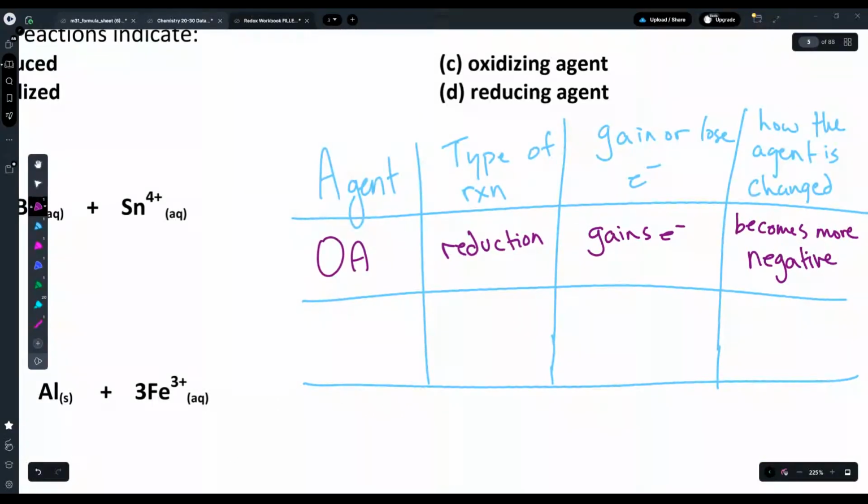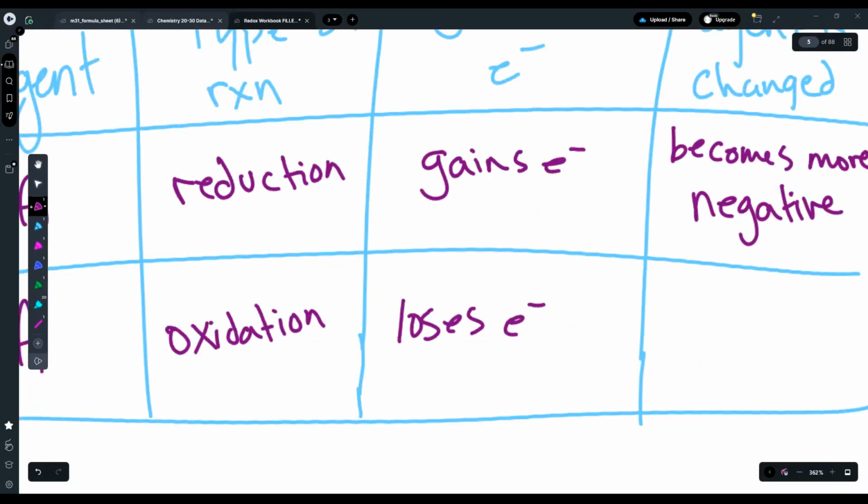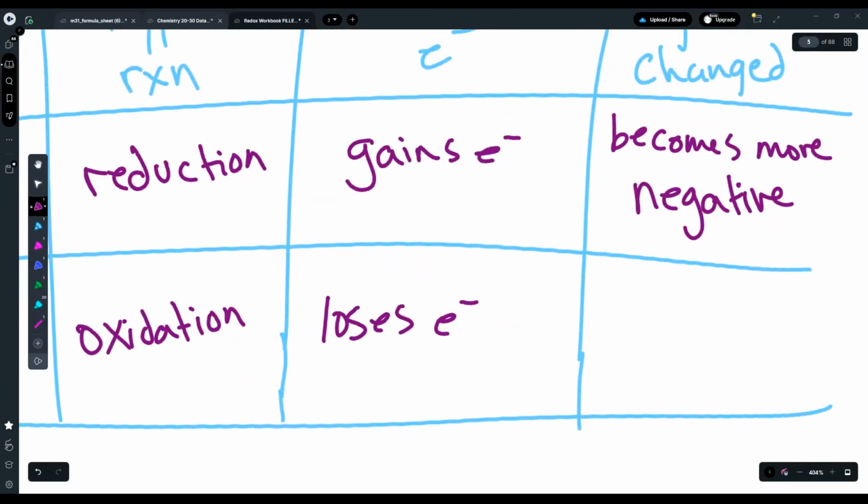For a reducing agent, it itself undergoes oxidation when it helps something else to be reduced. If it's undergoing oxidation, that means it loses electrons. So if it's losing its electrons, it's going to become more positive.